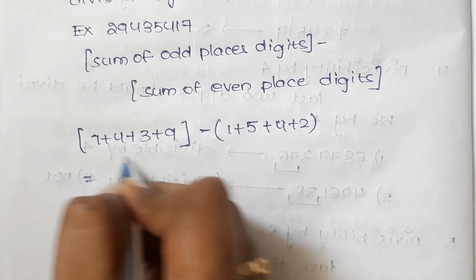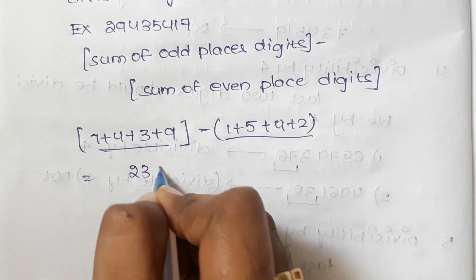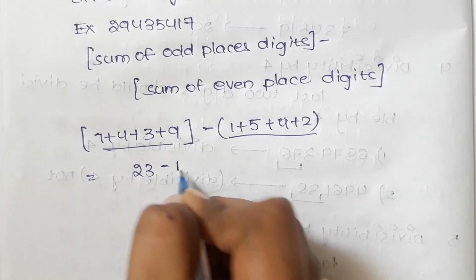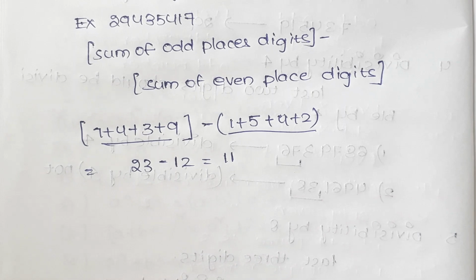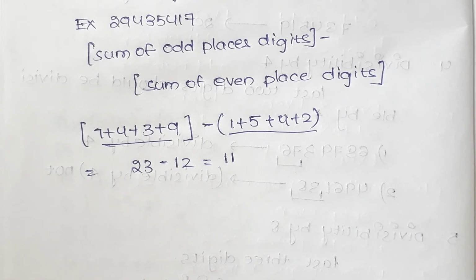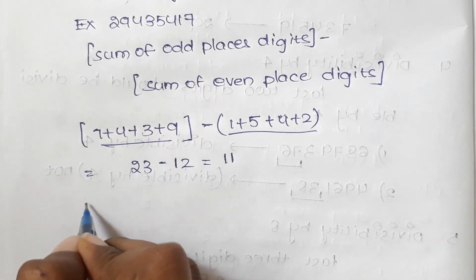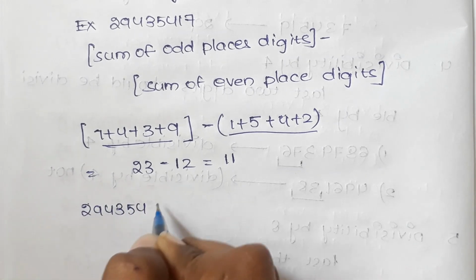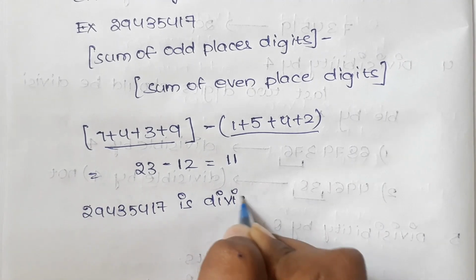The sum of the first digits is 23 and the sum of the second is 12, and 23 minus 12 is 11, which is divisible by 11. So the given number 29435417 is divisible by 11.